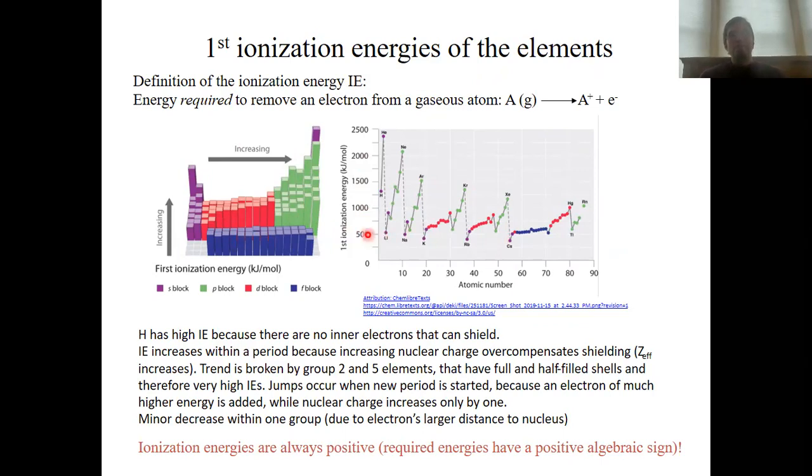Okay, so as we go from the left to the right in the periodic table within a period, then you see, for instance, for the first period, the ionization energy increases from hydrogen to helium. You can see this also here. Okay, and then it tends to increase in the second period from lithium to neon.